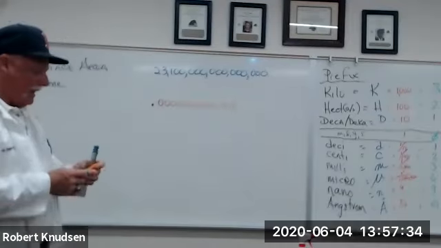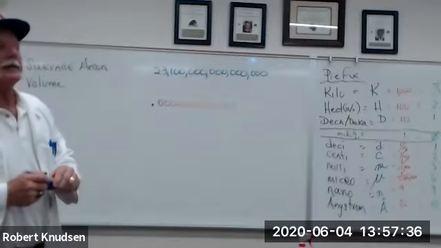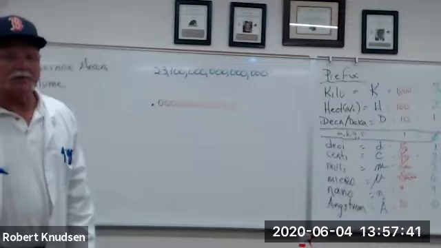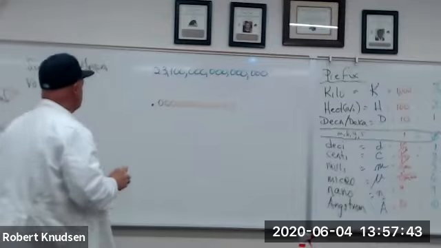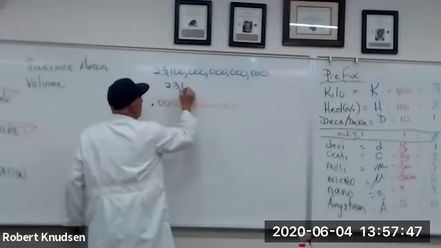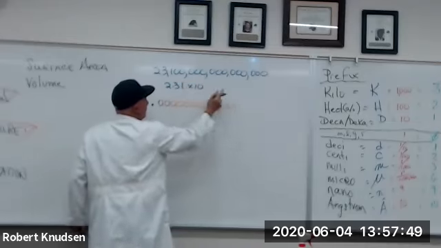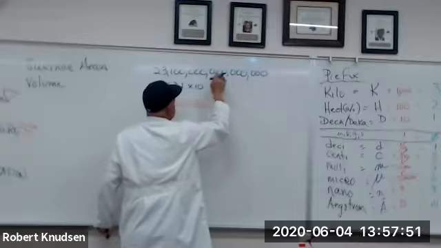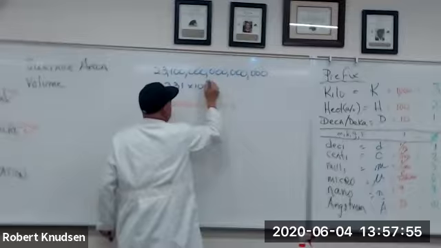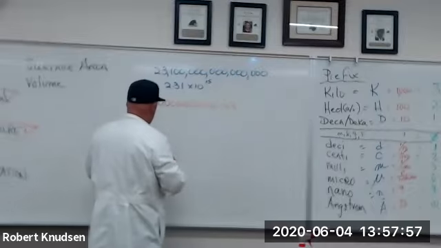So let's put those numbers in exponential form, in scientific notation, then multiply it. So this one is 2.31 times 10, 3, 6, 9, 12, 15, to the 15th power exponent.